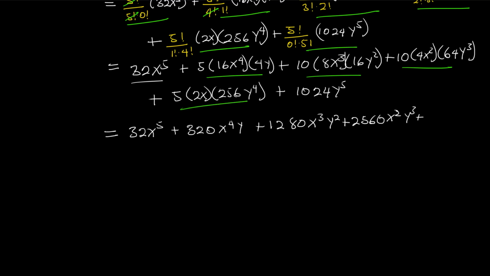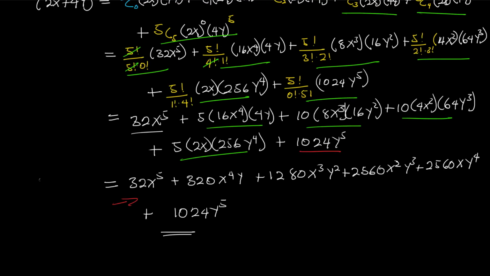That also gives us 2560xy⁴, plus the last term, which is the term here, that gives us 1024y⁵. So that is the expansion of (2x + 4y) raised to the power 5.